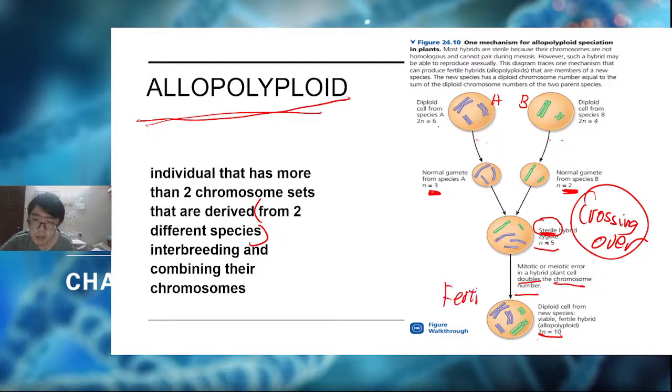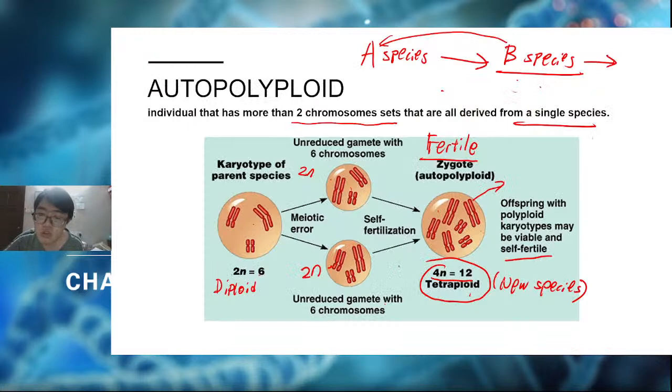Only then can it interbreed with itself, with the same organism of the same species. So this one is also a new species that is formed. This is a newly formed species.